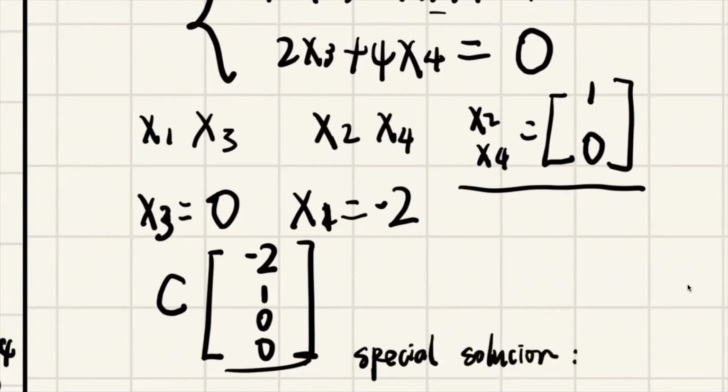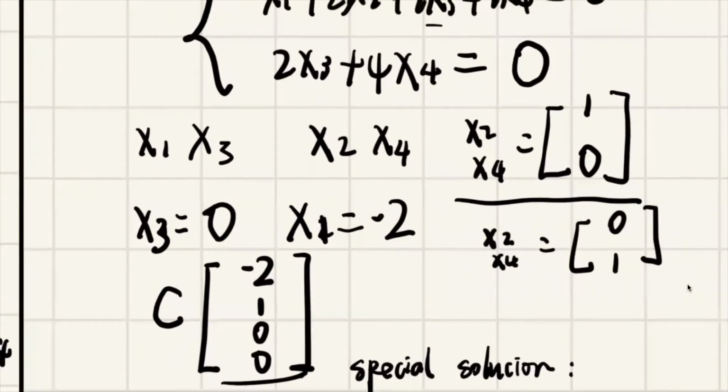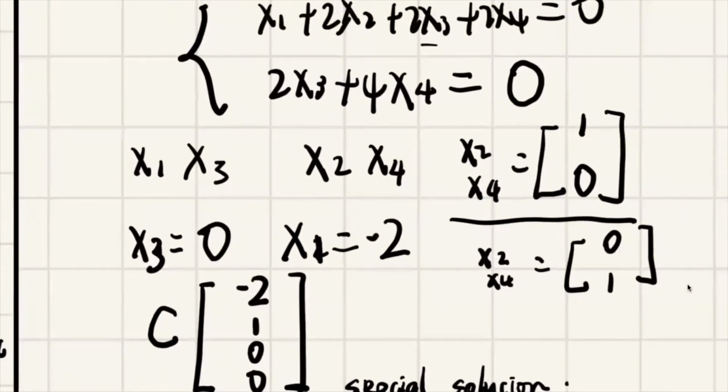And then we have another special solution, with x2, x4 equal to 0 and 1. Let's see if this is the case. x4 equals 1, so x3 will equal minus 2. And x1 will equal, let me check, minus 2 times x3, which is minus 4, so this will be 2.